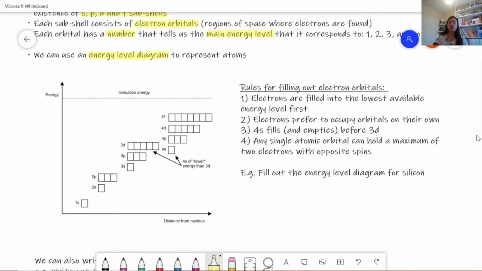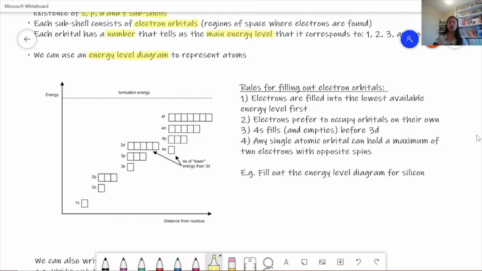So quickly running through subshells and the orbitals. For the first main energy level, we only have one subshell, and that's the s subshell. The s subshell consists of one orbital, which is the s orbital. Then the second shell, we have two subshells, so we have the s subshell and the p subshell.